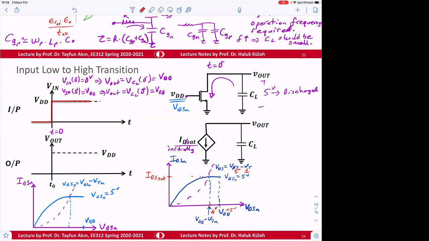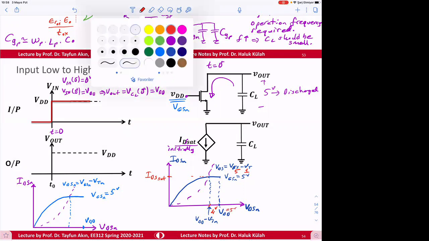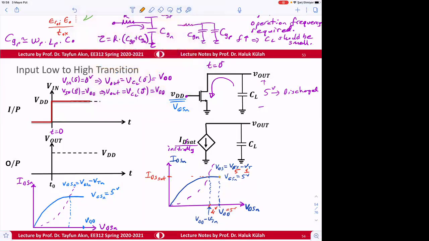This discharging current will start from here, but then it will be decreasing. The discharging current will be nonlinear and decreasing.